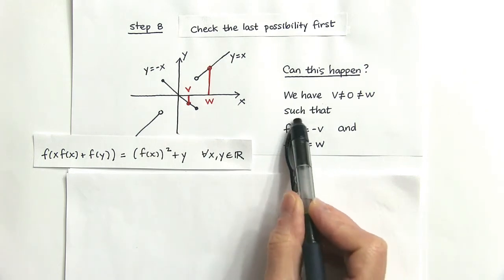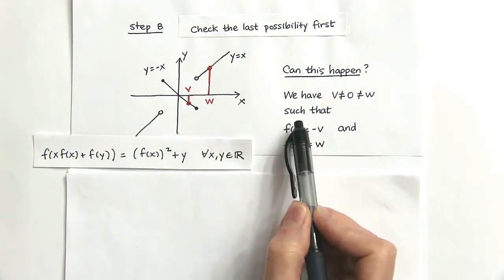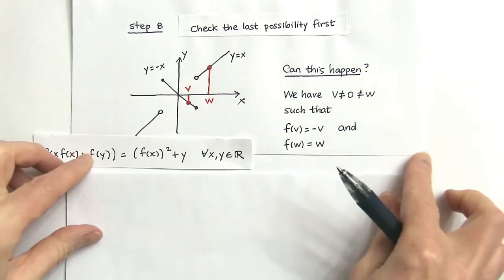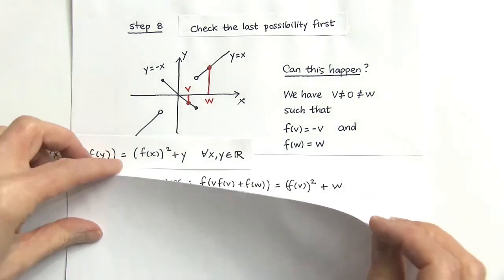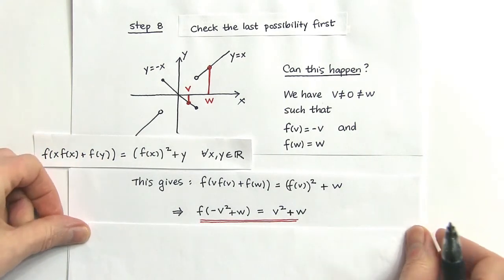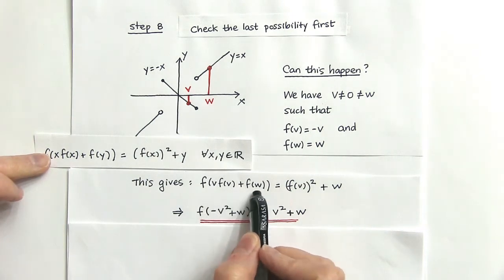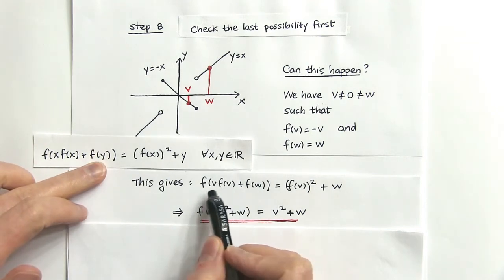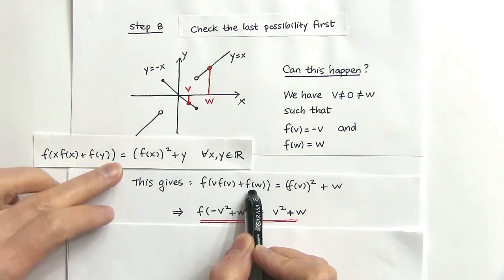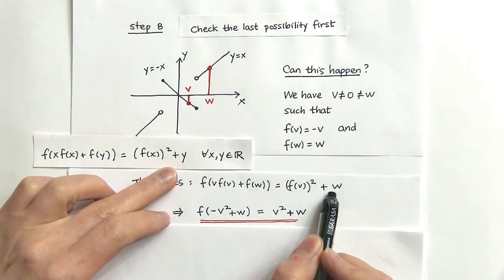Well, if f satisfies this condition and this condition, we can plug v and w in for x and y and find out what happens. So I plugged in v for x and w for y, and I got f evaluated at v times f at v plus f at w is equal to the square of f of v plus w.